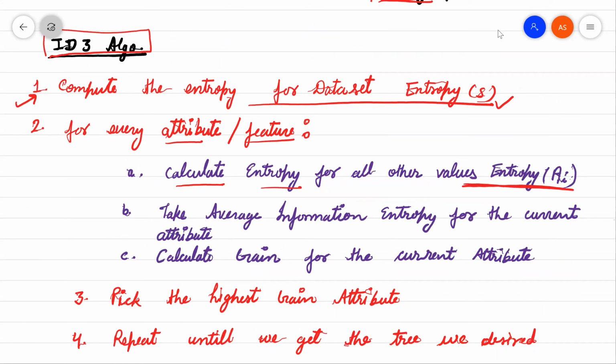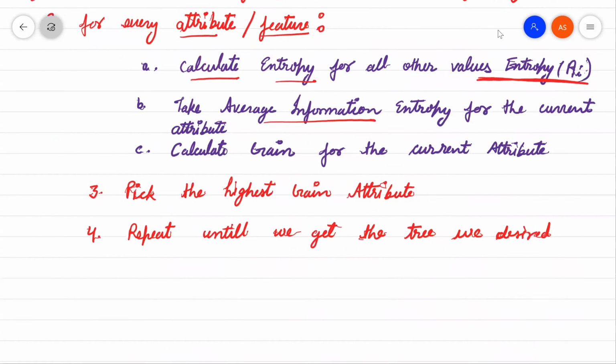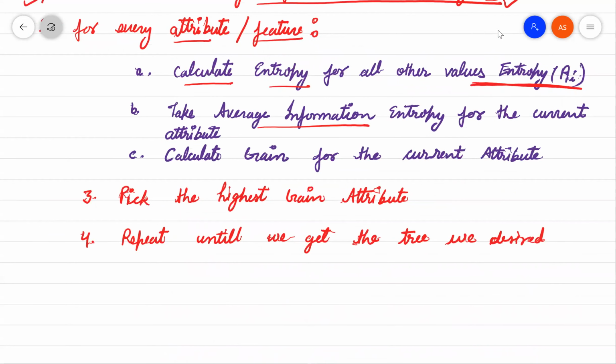Then take the average information of the entropy of the current attribute, and after this calculate the gain for the current attribute, and pick the highest gain attribute, meaning pick the attribute which has the highest information gain, and that would be our node for the purpose of splitting. And we will repeat this process till we have attributes.